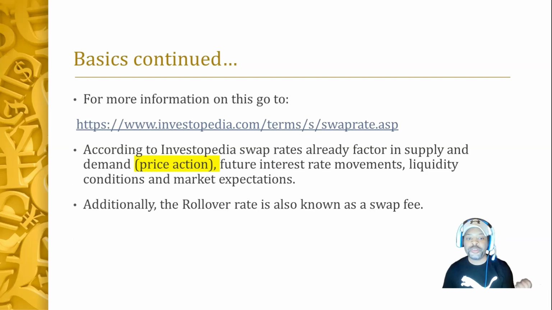According to Investopedia, swap rates already factor in supply and demand, price action, future interest rate movements, liquidity conditions, and market expectations. How amazing is that? You can find this out just by the swap fee. If you have a positive or negative swap fee, all of that information is right there.